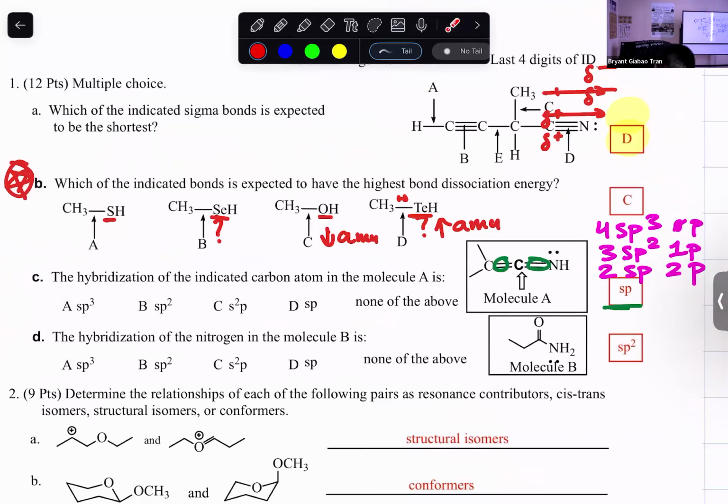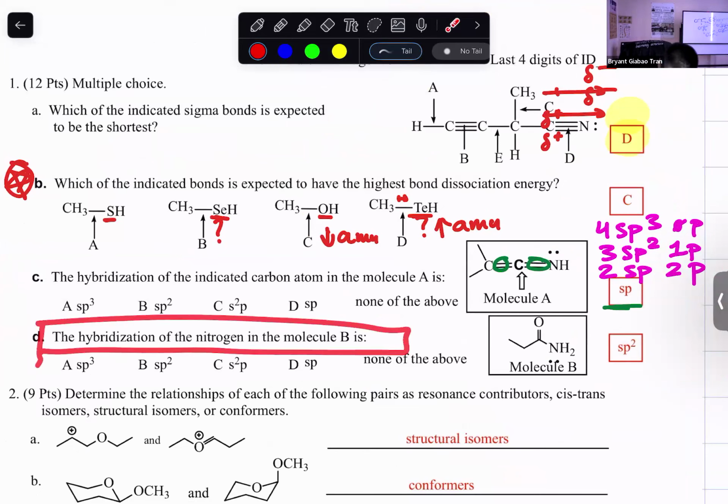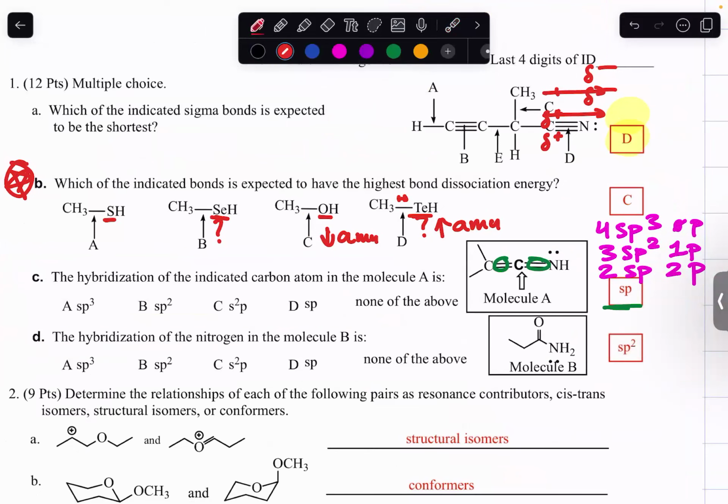Now, can you explain this one to me? Yes, I think so. You would typically think that it'd be sp3, but there are lone pairs on the nitrogen, and it is able to do resonance.